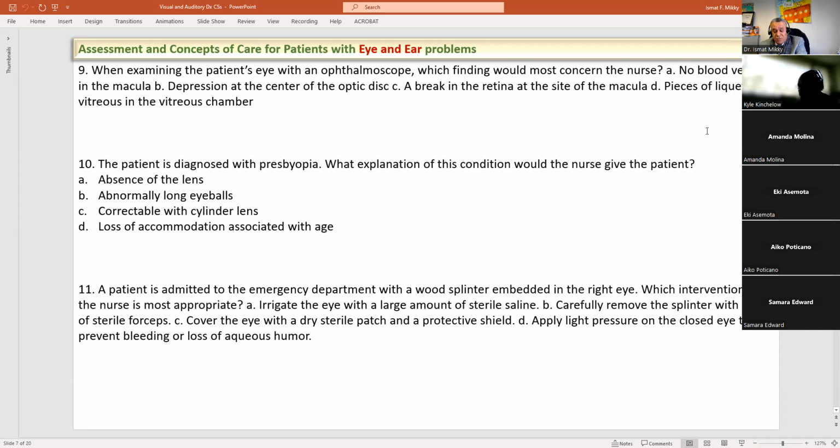Emergency management of foreign bodies in the eye includes stabilizing the foreign object by covering and shielding the eye, with no attempt to treat the injury until the ophthalmologist can evaluate it. Even irrigation is sometimes performed as emergency management, but that would be just for chemical exposure, right? Chemical agents or chemical exposure. Also, pressure should never be applied because it could further injure the eye.